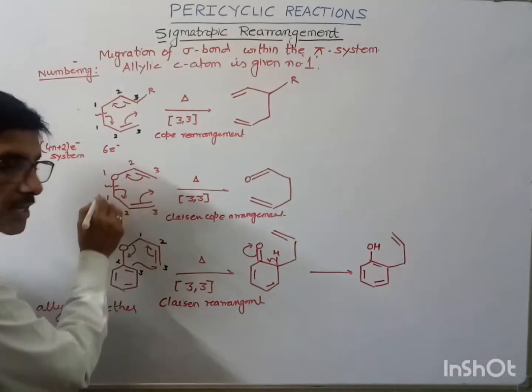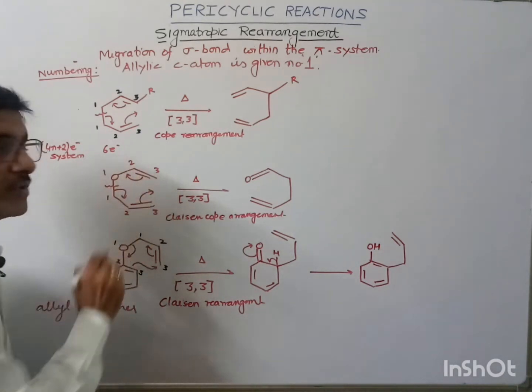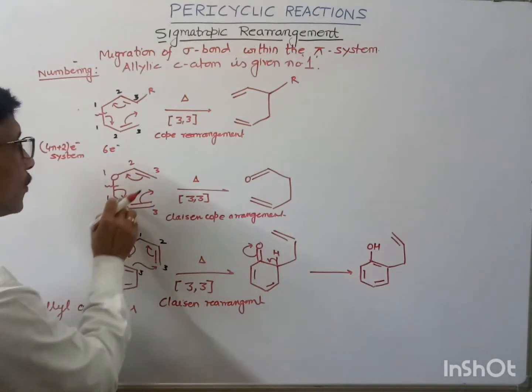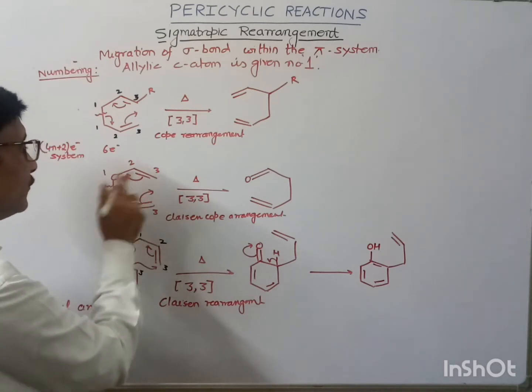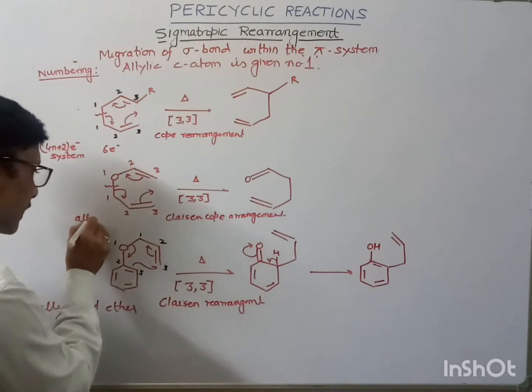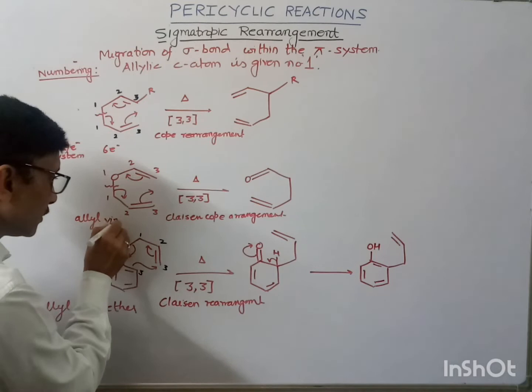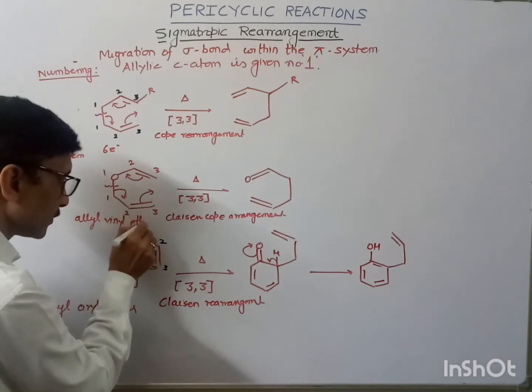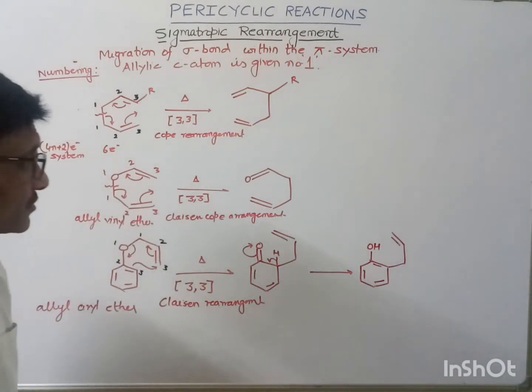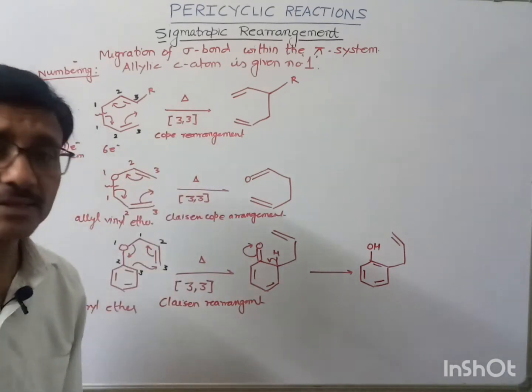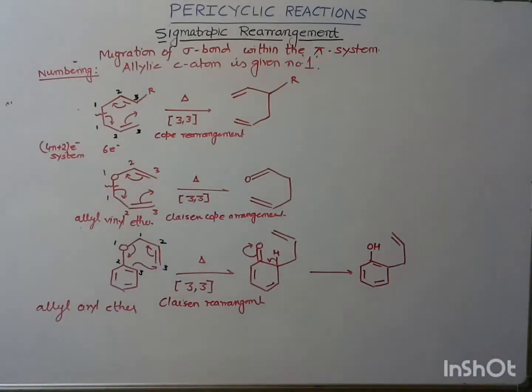This group is an allyl group, and this group is a vinyl group. So this is an example of an allyl vinyl ether. This is our allyl vinyl ether. Okay, so like this. So these are examples of 3-3 sigmatropic rearrangement.